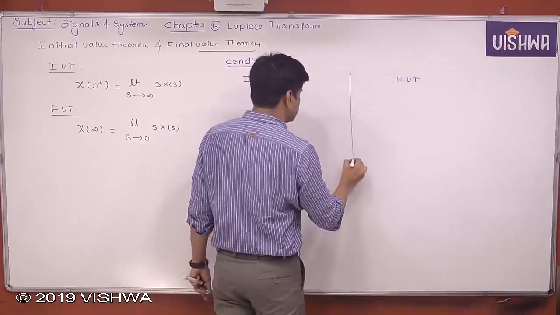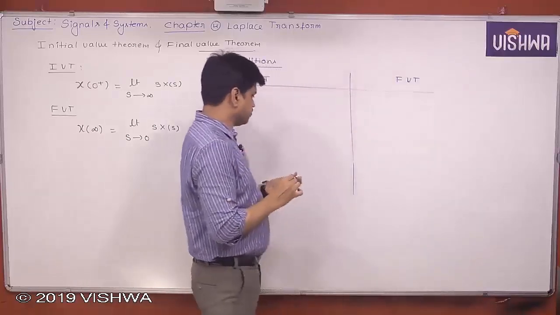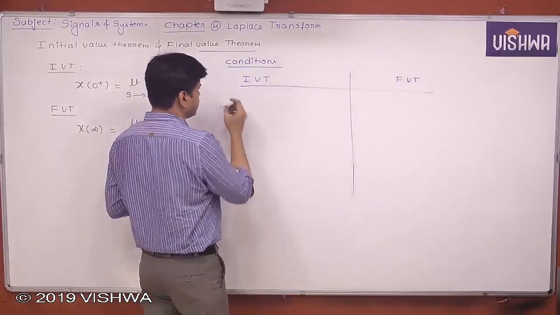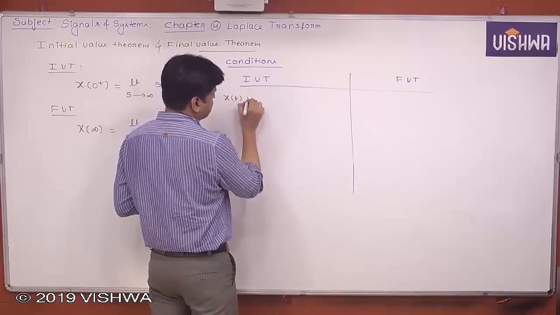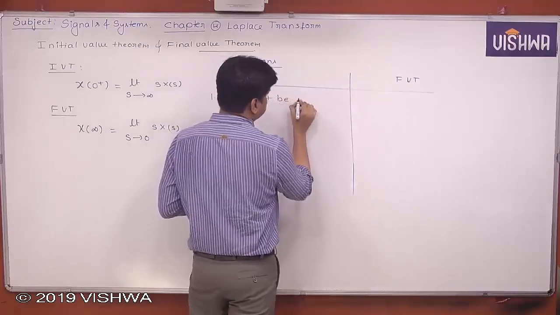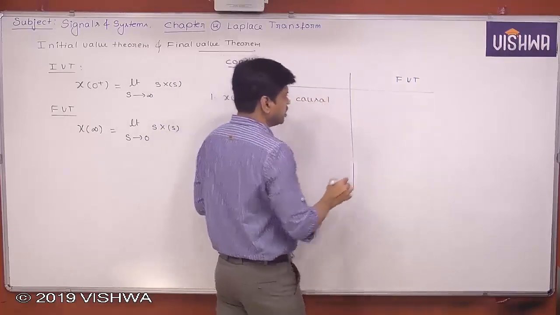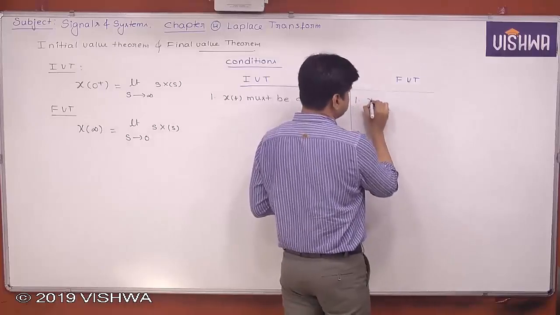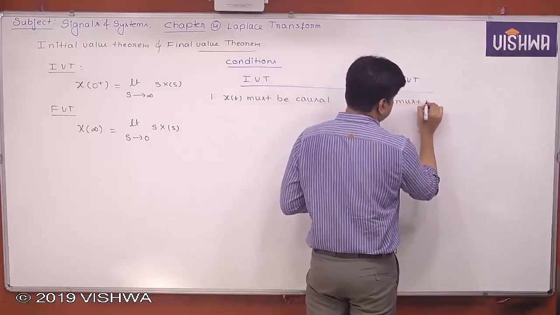The first condition, in both, is that x of t must be causal.